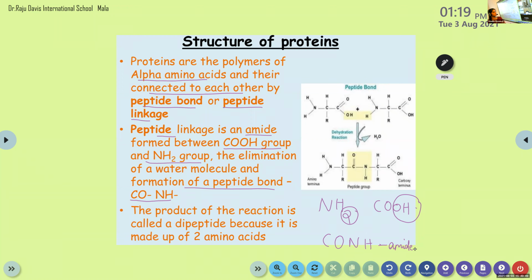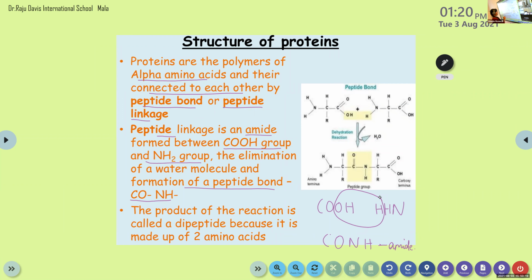The remaining portion is known as amide, CONH. If you write it like this, it will be more clear. COOH, then NH2. Then these molecules are removed, then you can join CONH. This one is known as amide. This is clear?